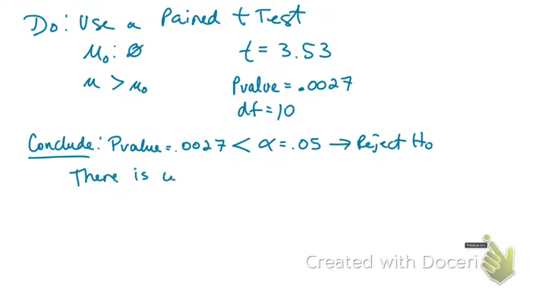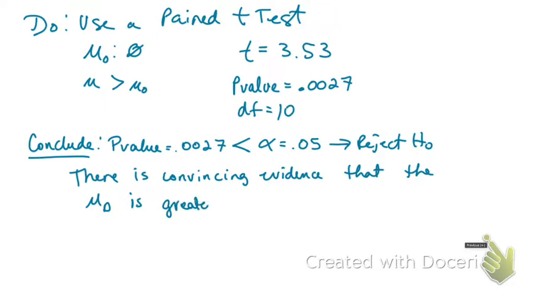There is convincing evidence that the mean difference, mu sub d, is greater than 0. That's our alternative.